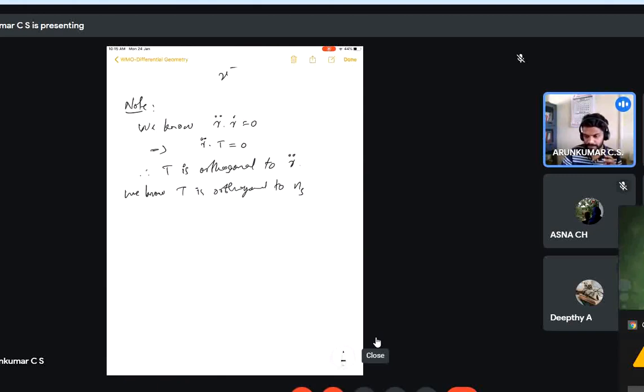So there are two vectors which are orthogonal to a vector in the plane, and gamma double dot and Ns will lie in the same line, right? The picture is something like this. Your tangent vector is somewhere here. What are all those vectors which are orthogonal to this T? Vectors on this line, right?